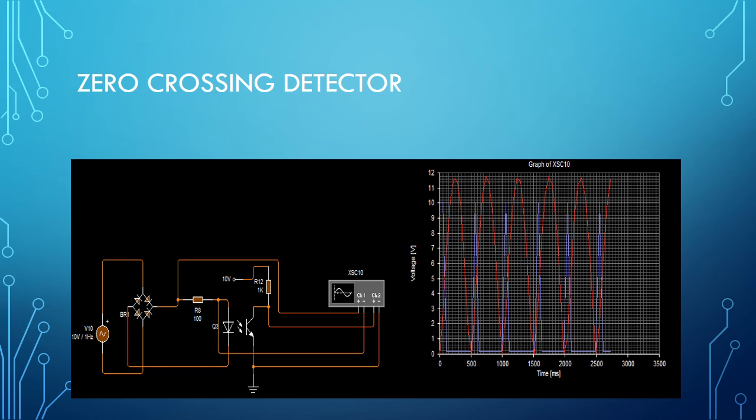And when the input voltage is other than 0, the transistor works and sends that leg to 0 volts. This voltage is the one that we will send to the Arduino to later on send it to the SCRs.